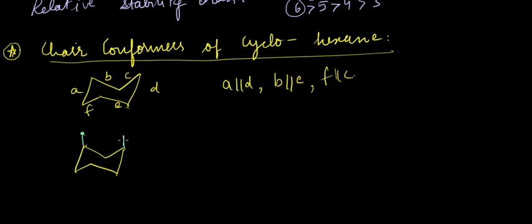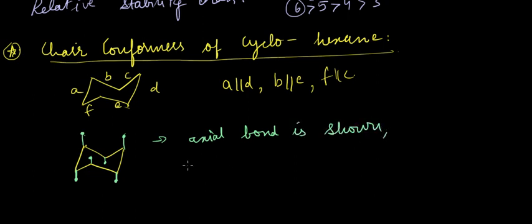So these positions are wherein hydrogen attaches itself. These positions are called axial positions or axial bonds, shown by vertical lines with alternate up and down positions.